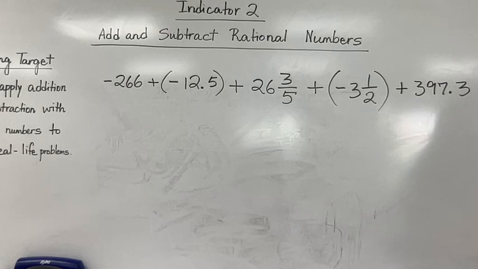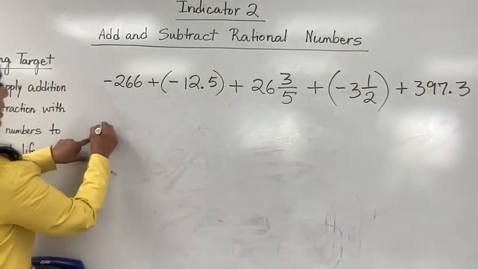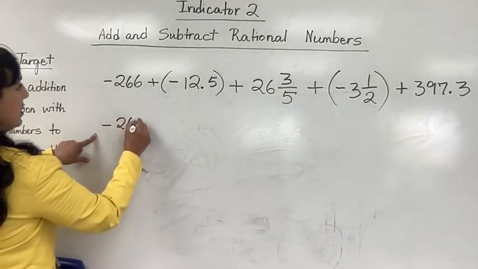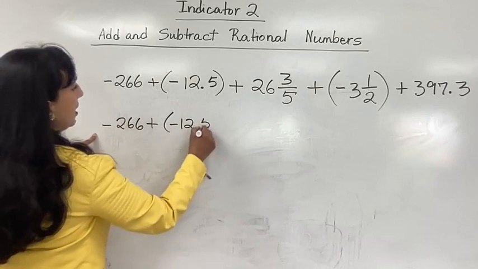I'm going to write fractions as decimals first. I'm going to show you that method, and then we will use the properties to group them together. So I have negative 266 plus negative 12 and 5/10.